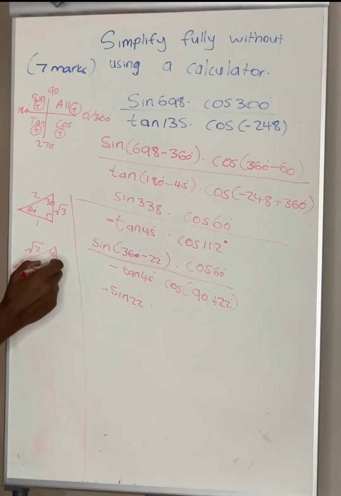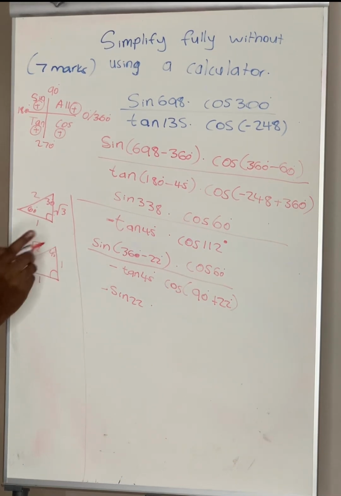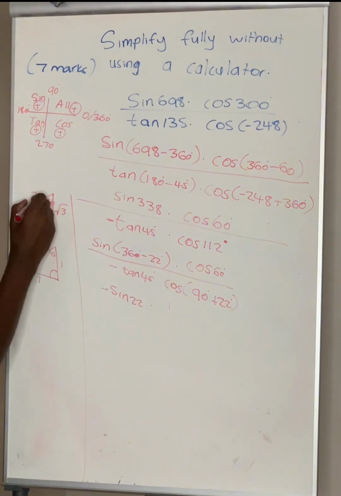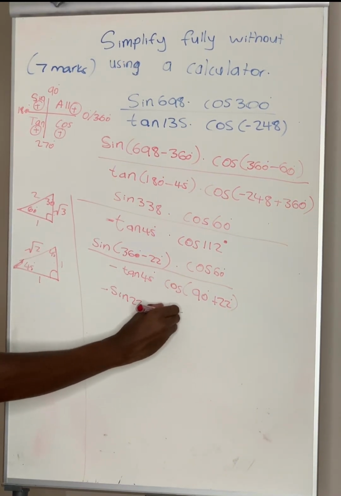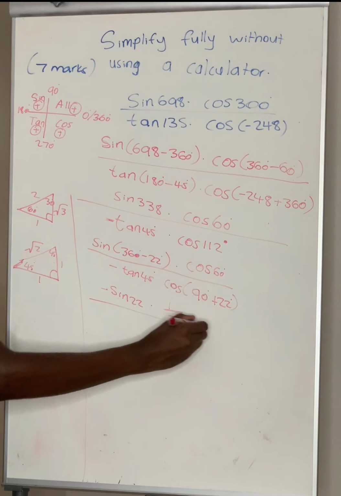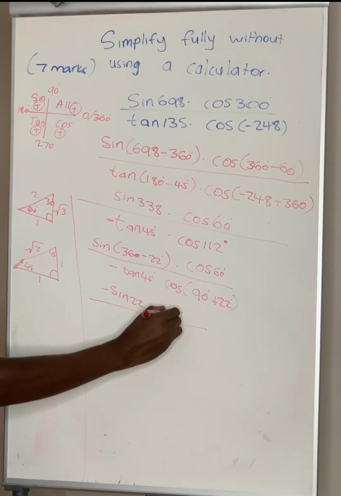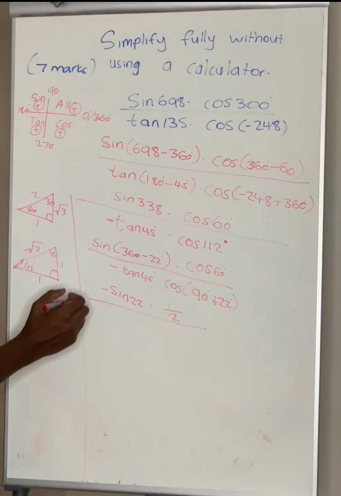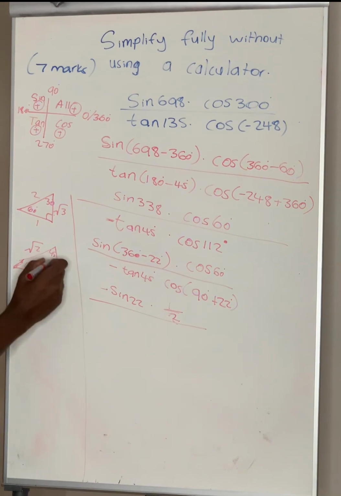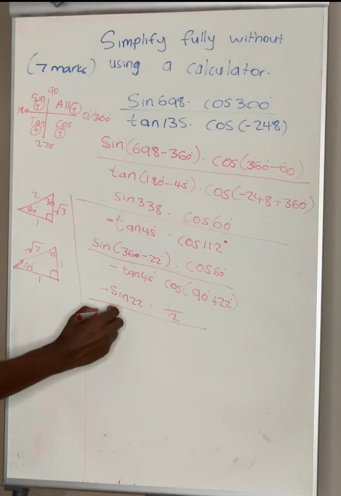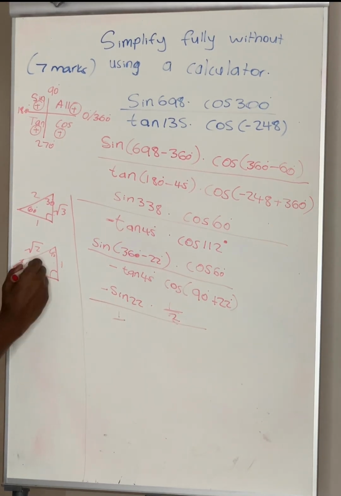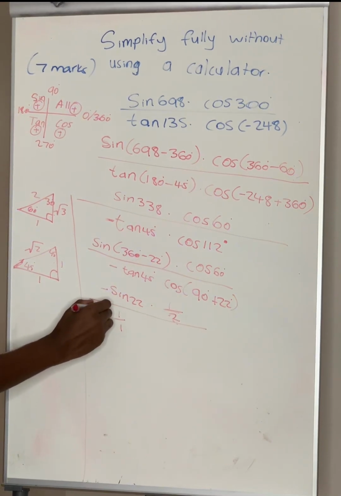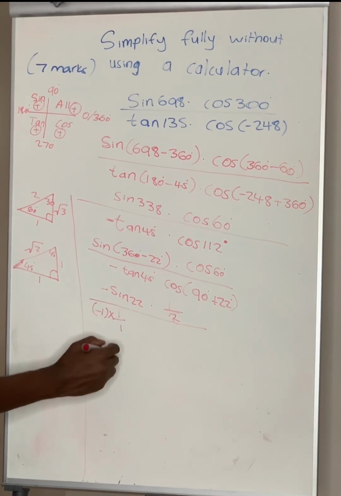So cos, remember we said cos is adjacent over hypotenuse. So adjacent to 60 we have 1, and the hypotenuse is 2. All of that divided by negative tan 45. Tan is opposite over adjacent, so opposite to 45 we have 1, and adjacent to 45 we also have 1. But remember there's a negative outside, so it's negative 1 multiplied by 1 over 1.